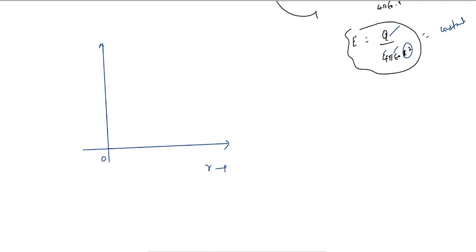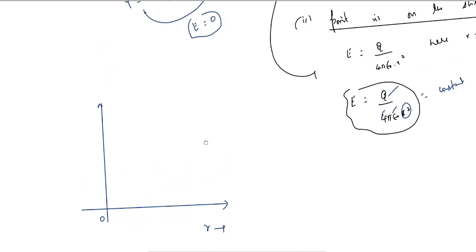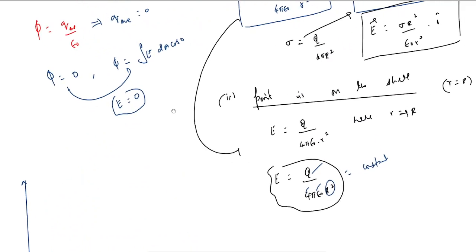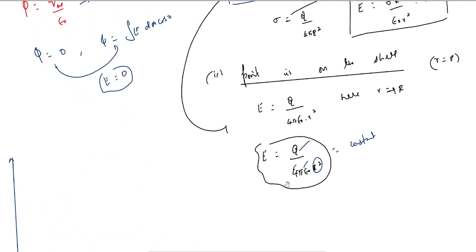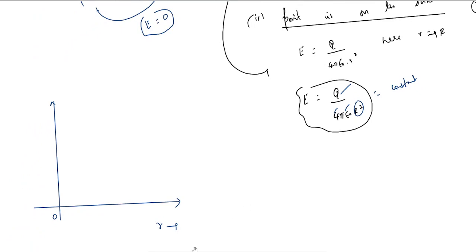What is seen is, for a point inside the sphere, the field is 0, and the field starts from the point just outside the sphere, which is a constant. This would be the center of the sphere, O. When you keep on going from this point O, somewhere we would touch the radius. At this point the field is a constant.